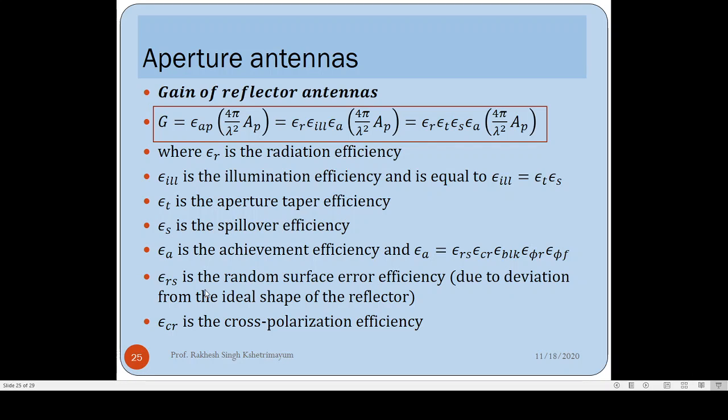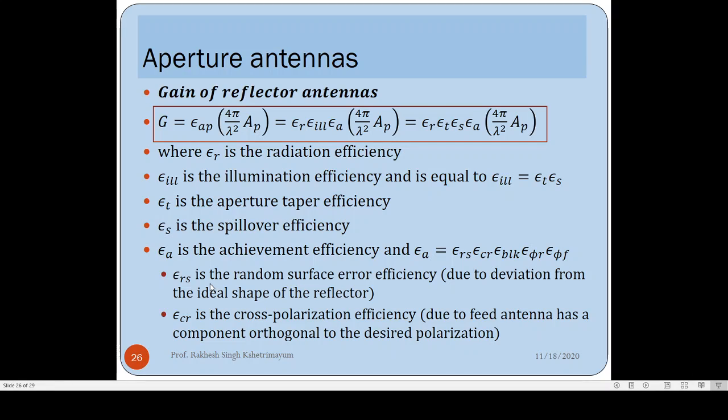Second one is the cross polarization efficiency. The cross polarization efficiency is due to the feed antenna. In the feed antenna, you can have an X polarized wave or a Y polarized wave, but usually all antennas will have some cross polar component also.